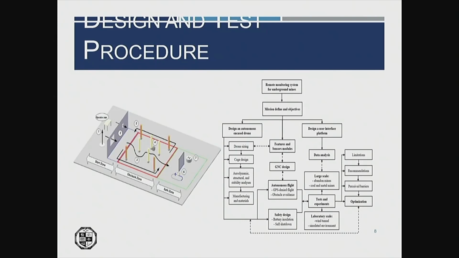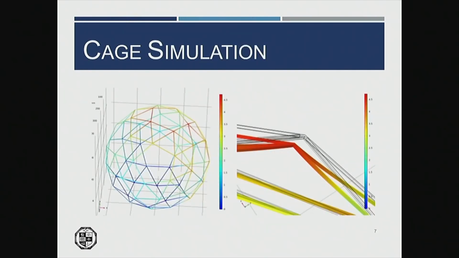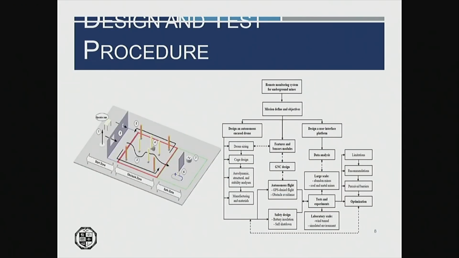But we changed our material to a new, flexible material, and we had better results. The next step is to test our drone in the lab, and we follow the right-side algorithm to finalize our work. These are the tests that we do in the lab for our drone to be ready for the underground mine.